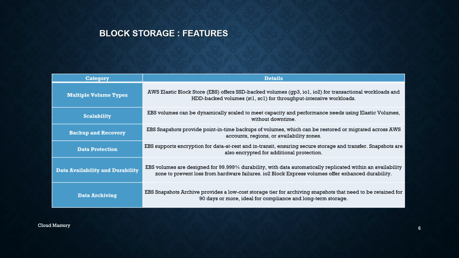Okay, let's talk about data archiving. So for data archiving, we have 90 days to retain the data of EBS, but I would suggest going with your backup strategy and getting it approved by the client whenever you want to keep EBS snapshots, because initially you will never understand how big the impact is on cost.